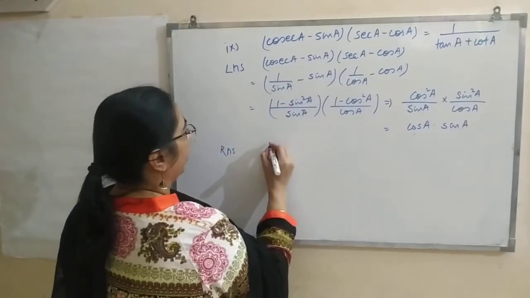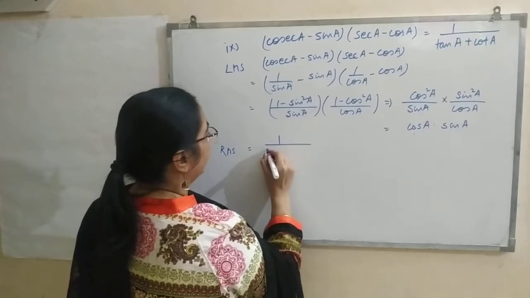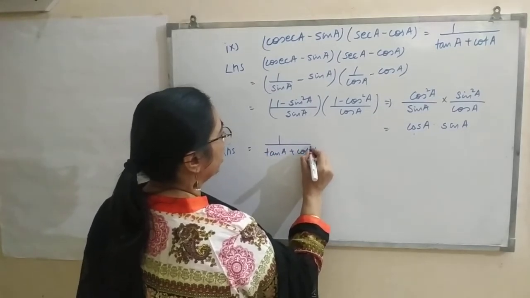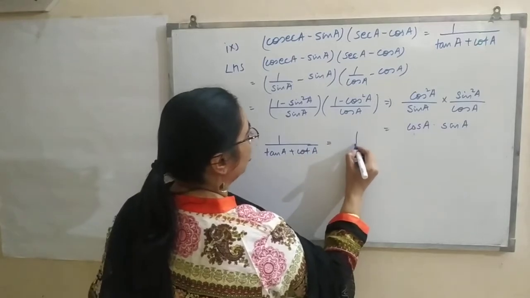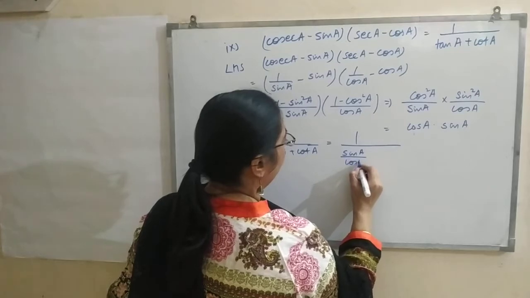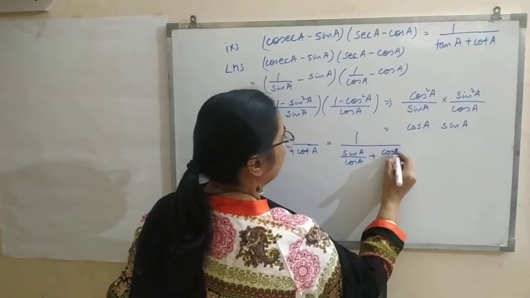Now I start with the right hand side, 1 by tangent A plus cotangent A. So I am changing tangent and cotangent into sin and cos. So it will become 1 by (sin A by cos A plus cos A by sin A).